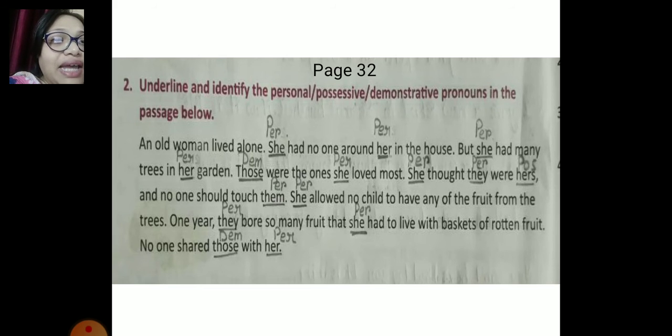So she is again a personal pronoun. One year they bore so many fruit that she had to live with baskets of rotten fruit. So here they and she are both personal pronouns. No one shared those with her. So those is a demonstrative pronoun and her is a personal pronoun.